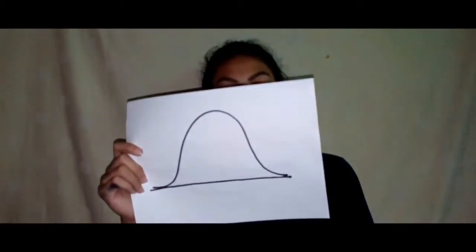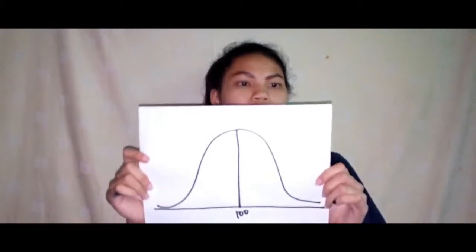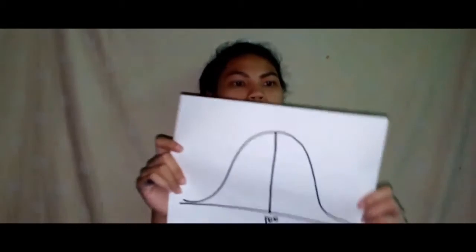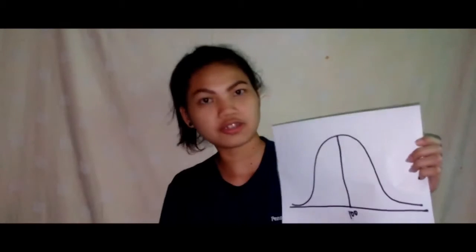So, let's say we have a normal distribution curve, also known as a bell-shaped curve. And we're going to have some mean. Let's say we have a mean of 100.